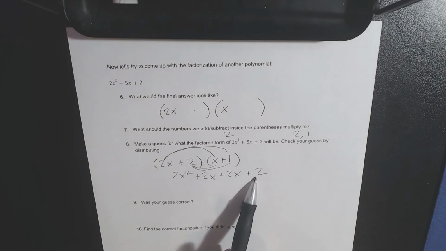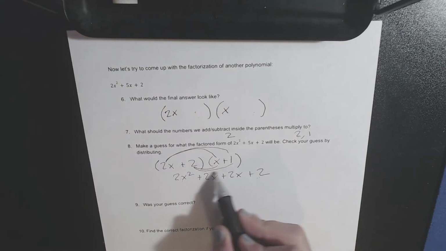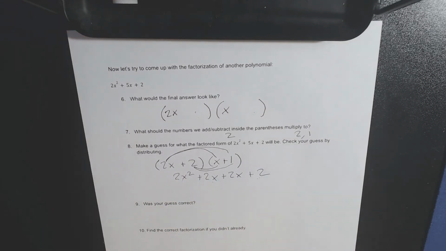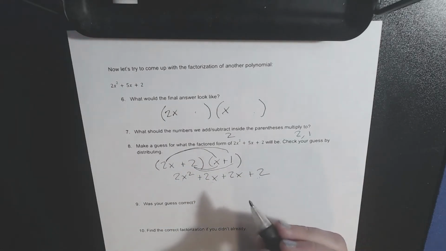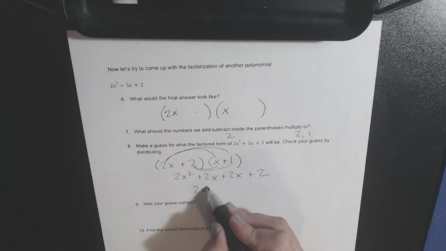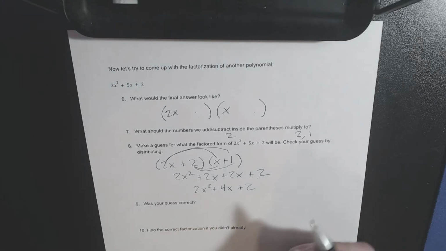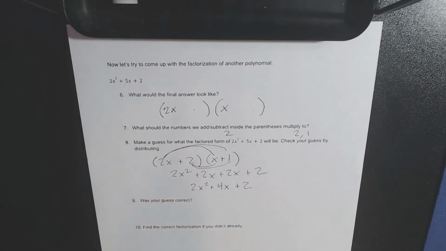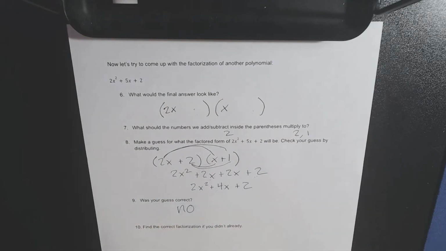These should be right because you already designed them to give you the right thing. It's really this middle part that you need to worry about. So 2x plus 2x would give us 4x. Is that what we wanted? Well, not quite, right? We wanted 5x, so no, our guess was not correct.